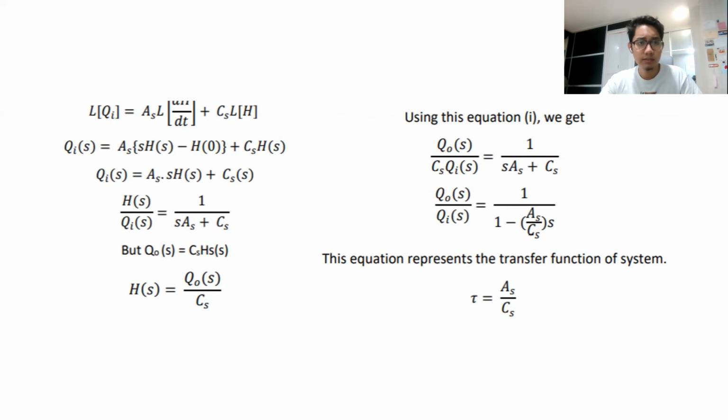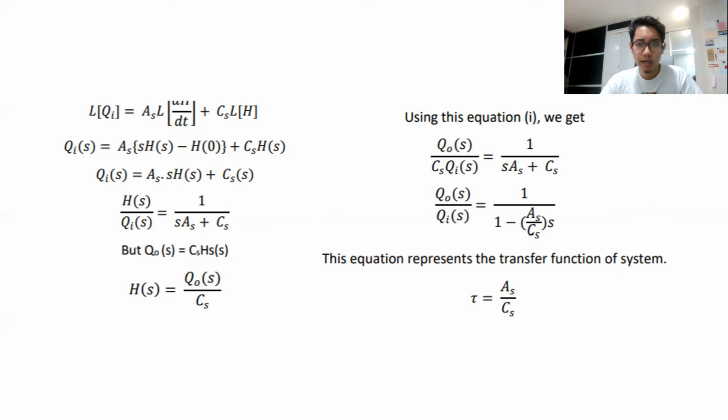So here we have the last formula for our example just now, which is Qi(s) equal to A s times H(s) plus C times H(s).